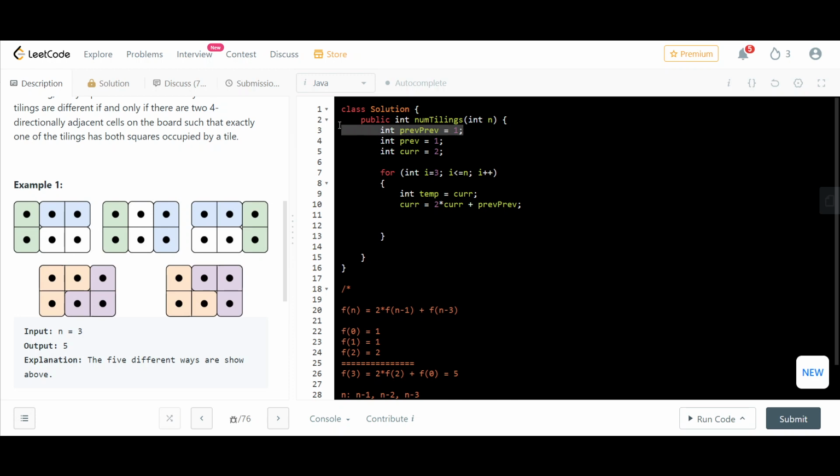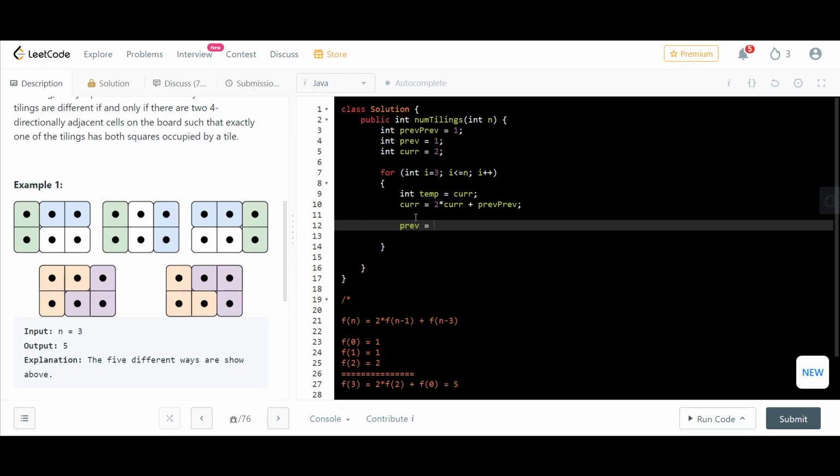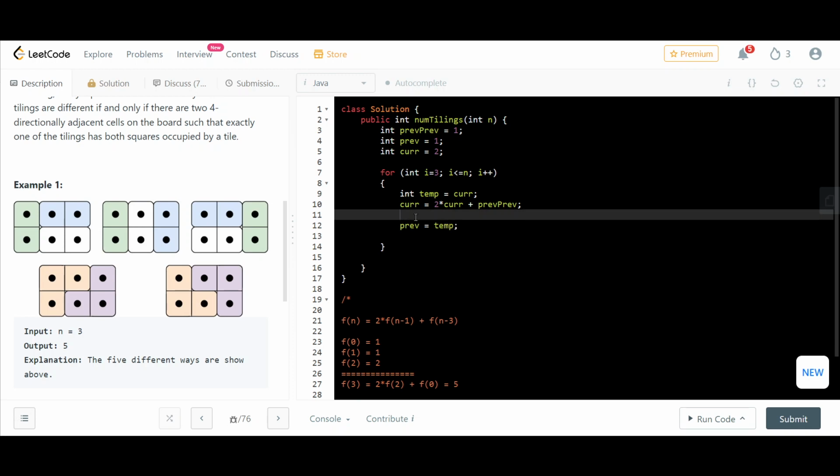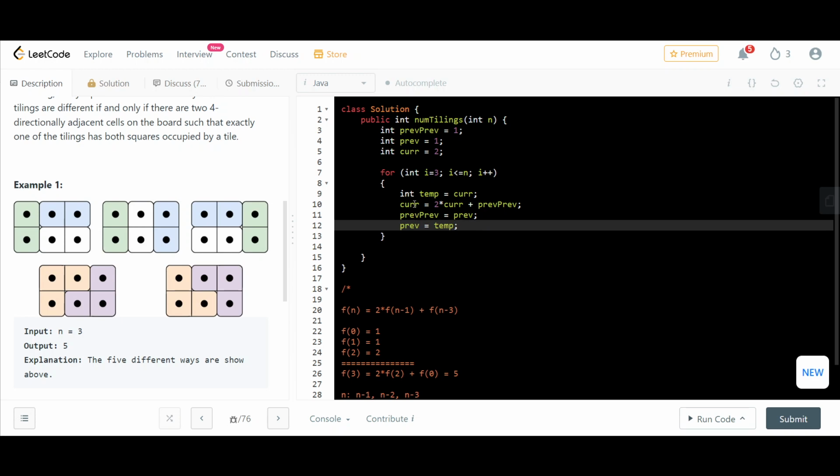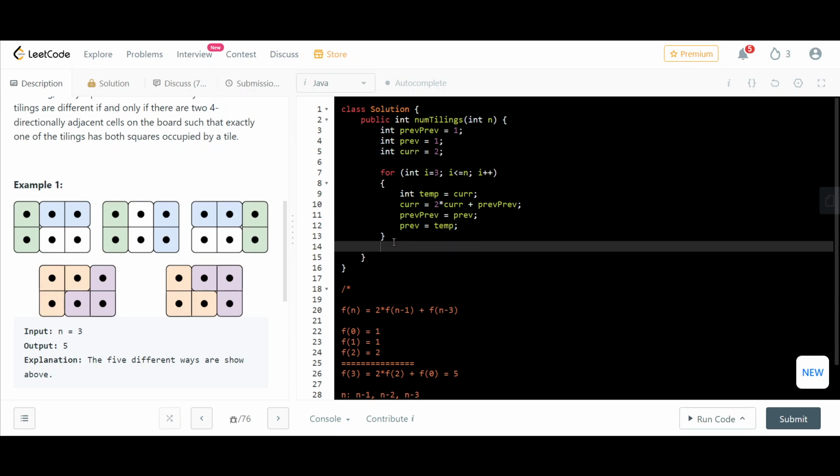This is gonna go away, right? So I know that previous will be temp essentially, and previous third will be previous, right? So is this? Yeah, this is working fine. So you update the current, then you update the previous, and then you update previous third. And at the end you return current.